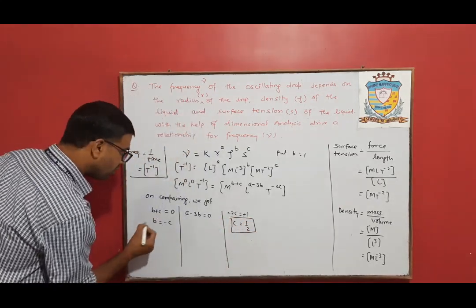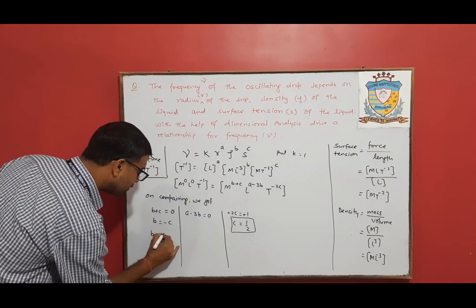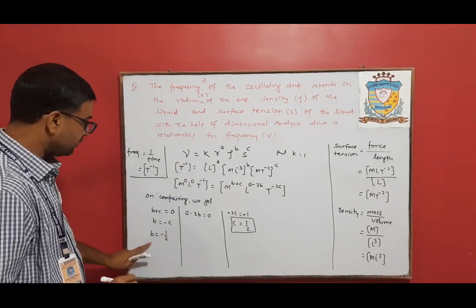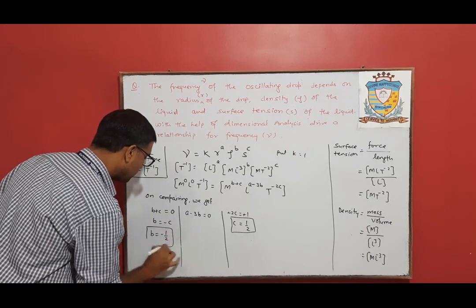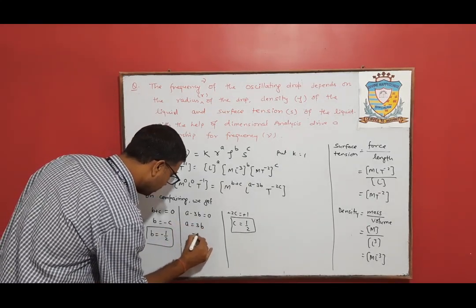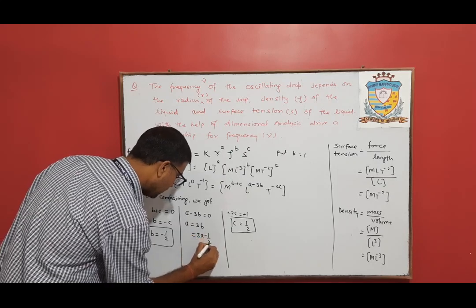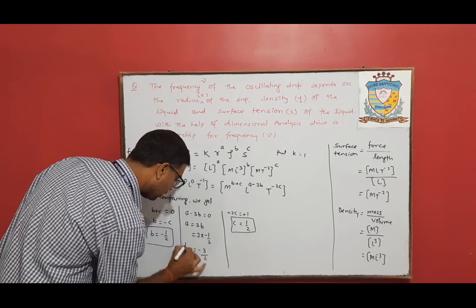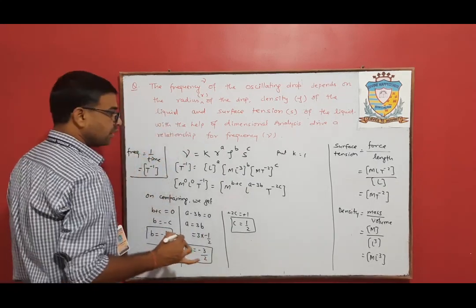Put this value over here. So b is equal to minus 1 by 2. Now put this value of b in this equation. So a is equal to 3b, or 3 into minus 1 by 2, or minus 3 by 2, value of a.